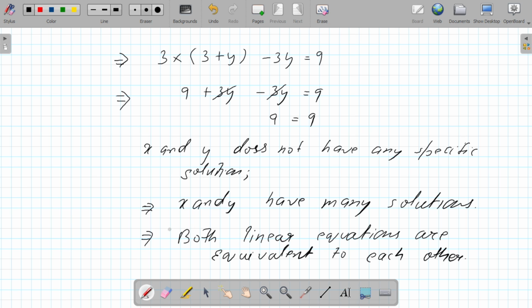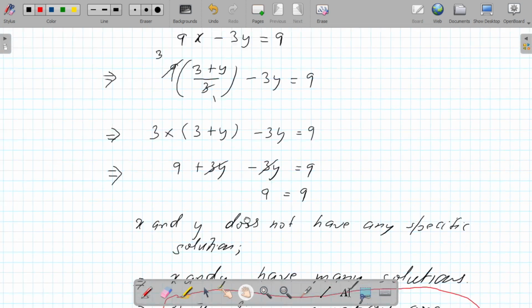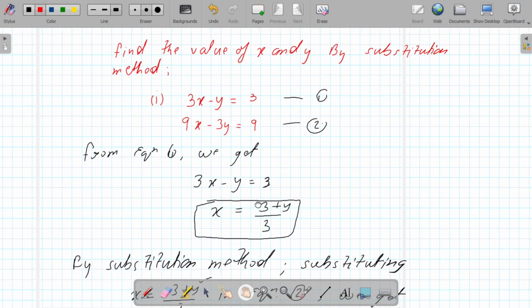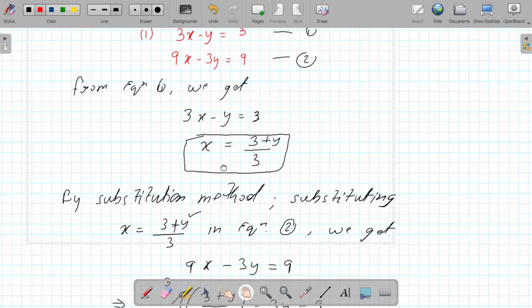Also we can verify the statement algebraically. This statement is very true, but I am also going to show you algebraically. The equations are 3x minus y equal to 3, 9x minus 3y equal to 9.